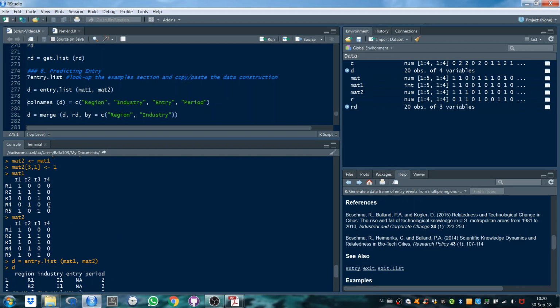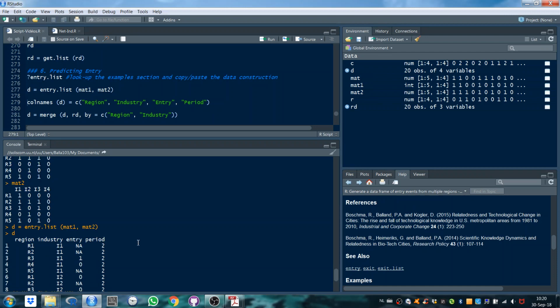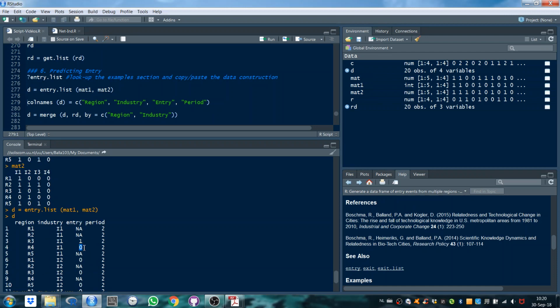Region 4 didn't have industry 1, and region 4 still does not have industry 1. So this is why you have a 0. There was potential for entry, but no entry at all. Here there was potential for entry, and there's been entry. Here there was no potential for entry. That's the NA. So make sure that you really understand that before moving further.